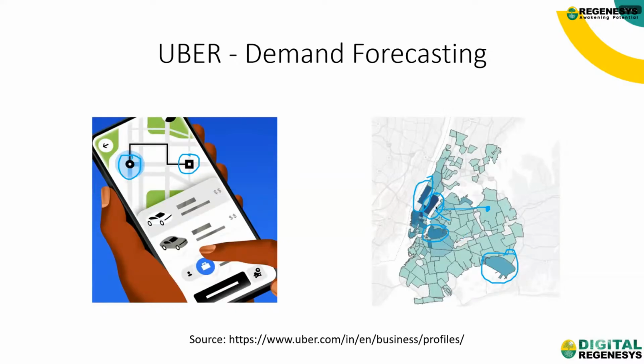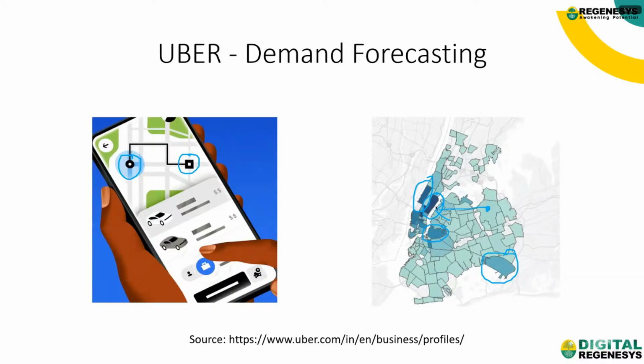As a result, both the driver as well as the customer are happy, right? Because the customer is able to book a cab in a matter of a few minutes, and the taxi driver is also happy because he is able to get more customers on a daily basis. What will happen as a result of this?